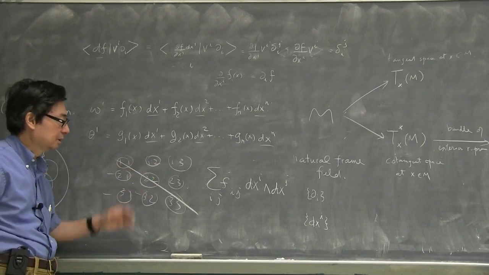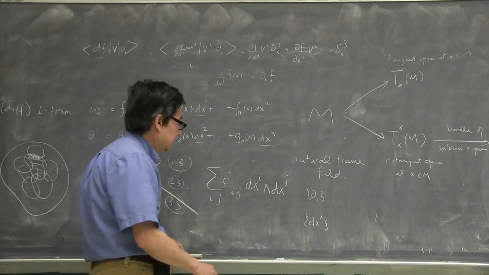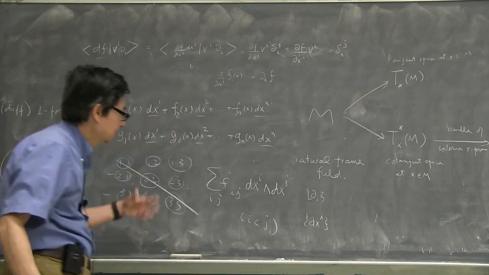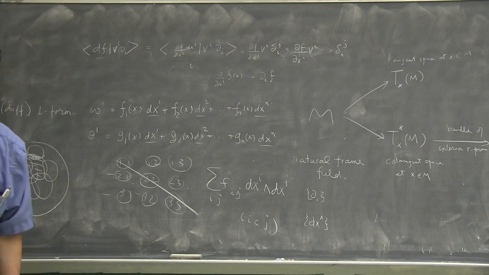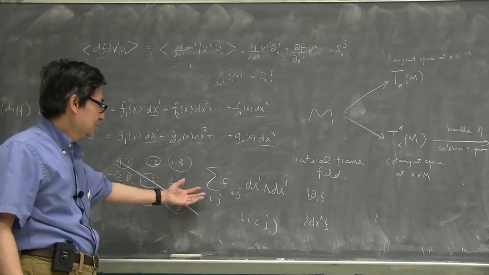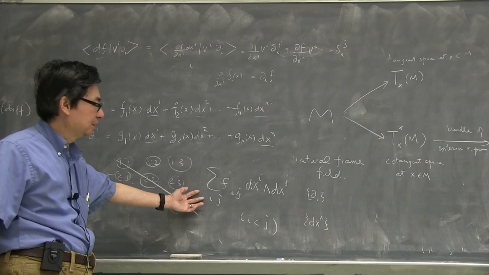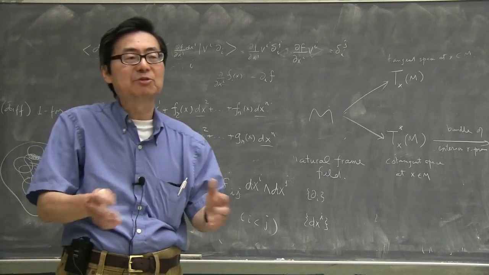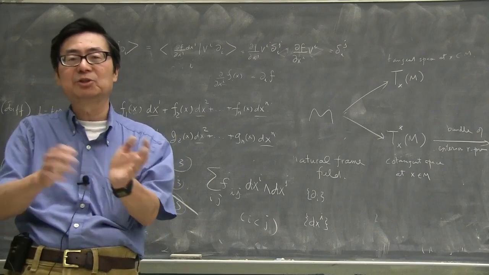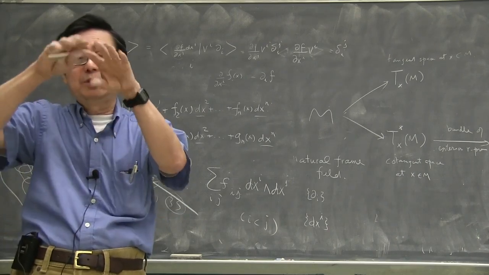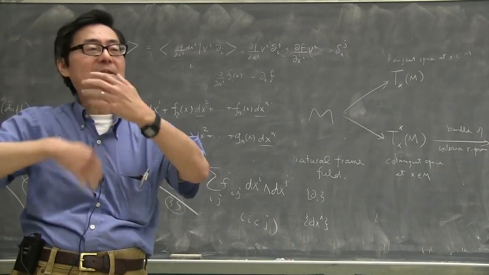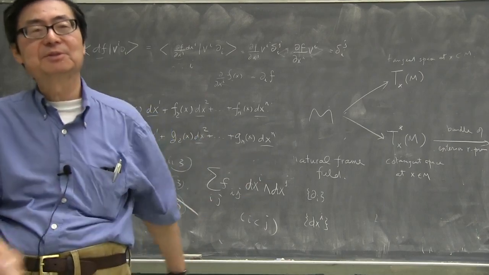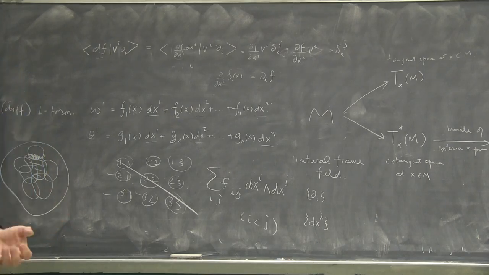Because this is the negative of that and so on. So sometimes I can write it like this, imposing the condition that i is less than j, and then that would be a general form, right? If I don't impose this condition, I would be redundant. It would be redundant because dx1 wedge dx2, because it's anti-symmetrized, is equal to minus dx2 wedge dx1. So this wedge product in here automatically takes care of all the anti-symmetry properties for you. So it's very convenient to use, okay?